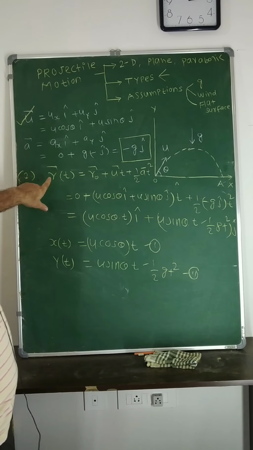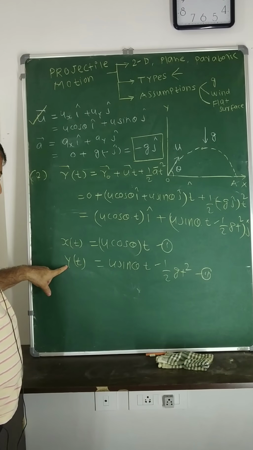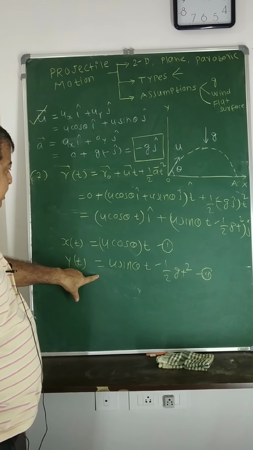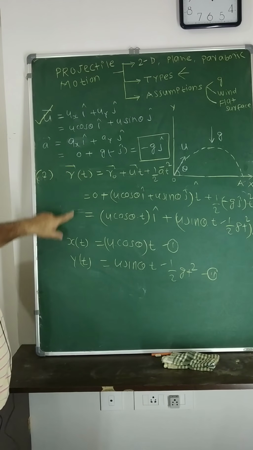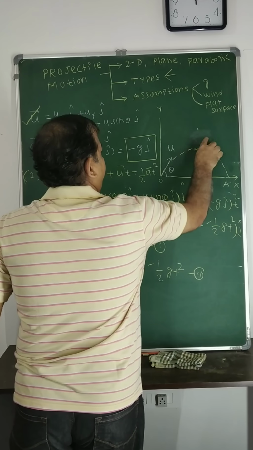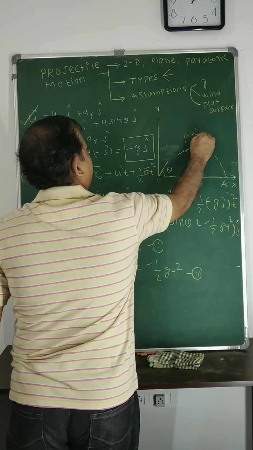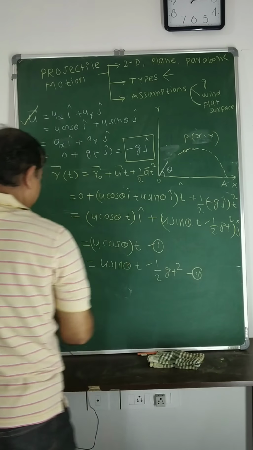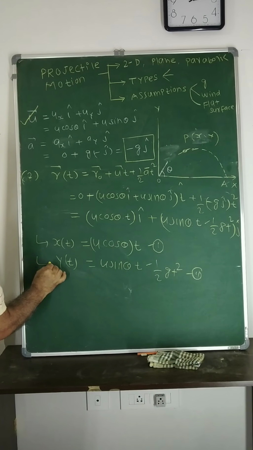So whether somebody is interested in the x coordinate or the y coordinate, I can calculate separately. Somebody might be interested in the position vector. So the position vector is nothing but x i cap plus y j cap. Let's say the particle is somewhere here. So at a time t, the x coordinate and y coordinate are already calculated.